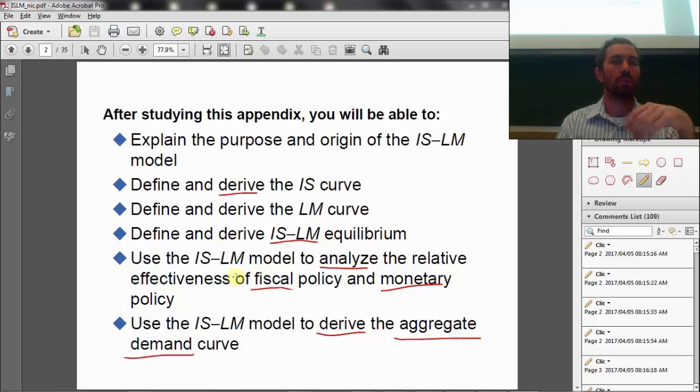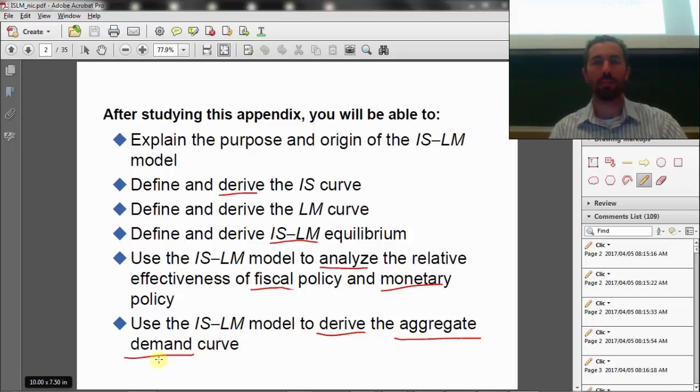Then what we're going to do is use the ISLM model to analyze the effectiveness, in other words, what are the results or what happens when we engage in some sort of fiscal policy or monetary policy action. How do we use our model to understand the results or the effects of a fiscal or monetary policy action? And then finally, we will use this ISLM model to derive an aggregate demand curve.